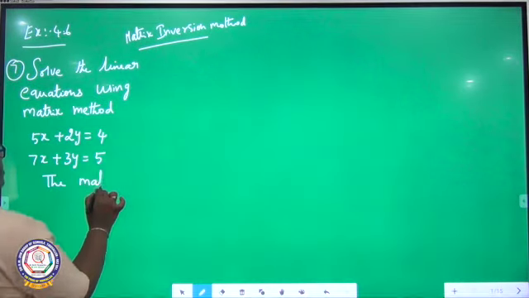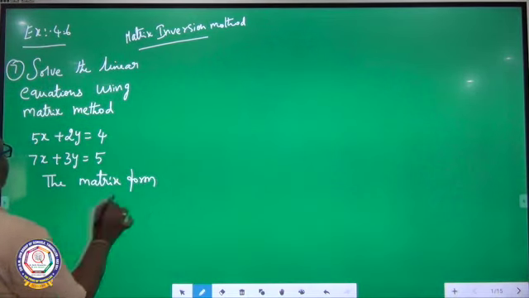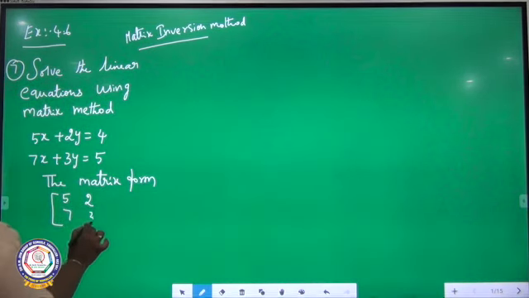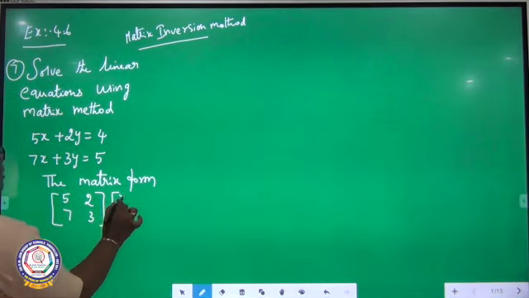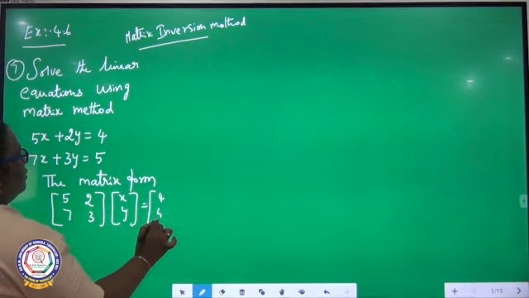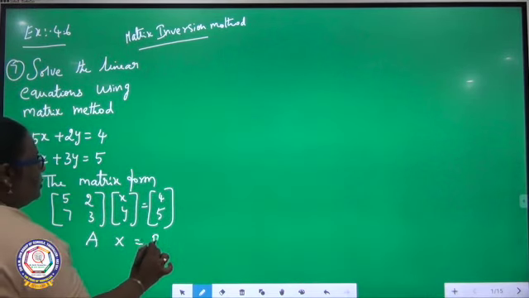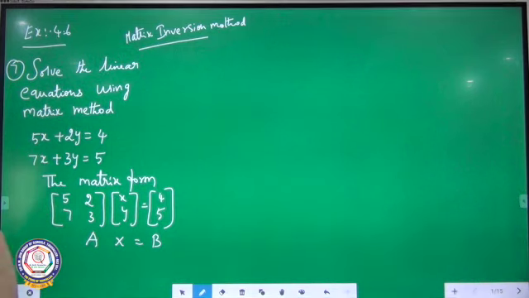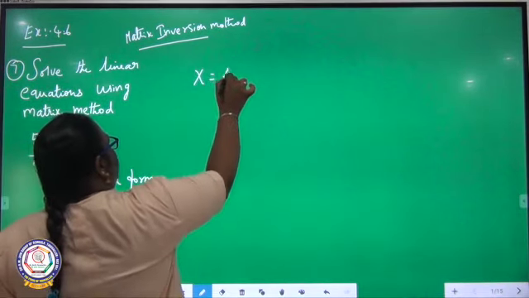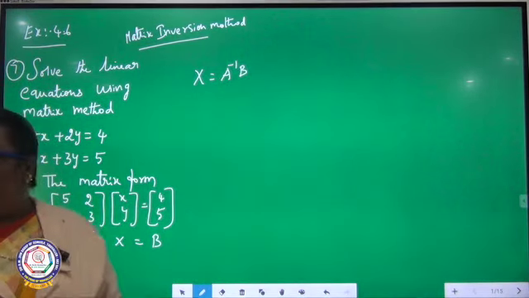The matrix form: 5, 2, 7, 3 into x, y equal to 4, 5. So AX equal to B. What is the formula for that? X equal to A inverse B.